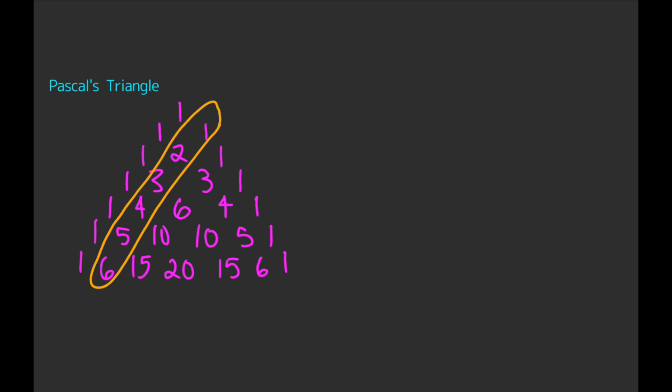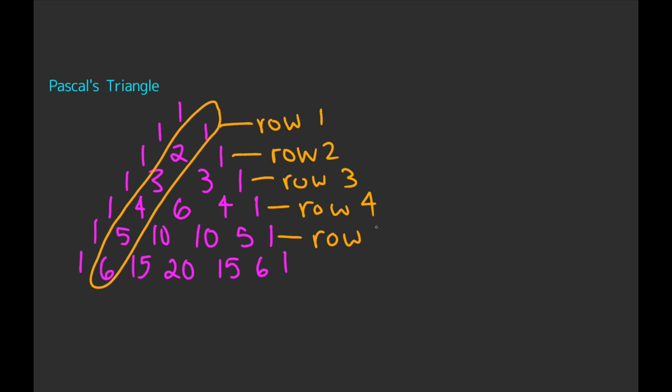So since we have a 1 right here, this is row 1. 2, row 2. 3, row 3. 4, row 4. 5, row 5. And 6, row 6. And if you're wondering about our very topmost 1 in our Pascal's triangle, that is going to be row 0.